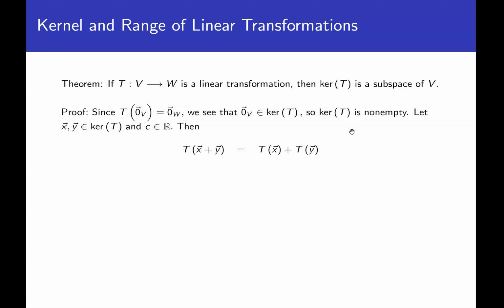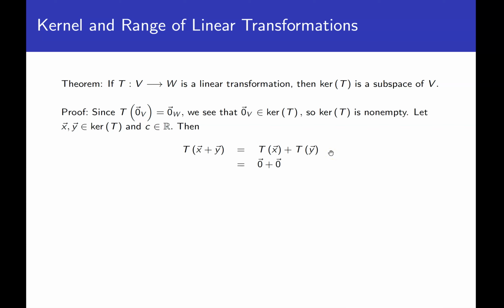So, the transformation applied to x plus y. Remember, the defining characteristic for being in the kernel is that the input maps to 0. That's the defining characteristic. So I need to show that x plus y maps to 0. That's why I'm applying the transformation to it. All right, so using our property of linear transformations, I can break up the transformation over the sum.